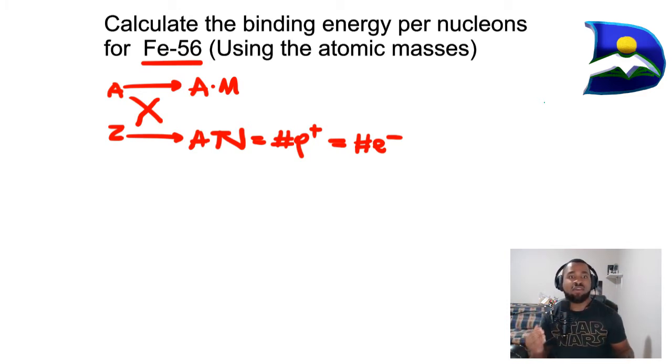So in this case, since we have iron, we are going to consider this to be not a whole number but a decimal, and you can find this number on the periodic table. So let's move on into how this translates into iron.